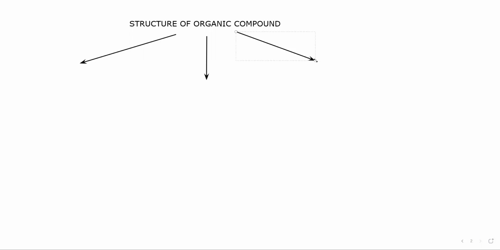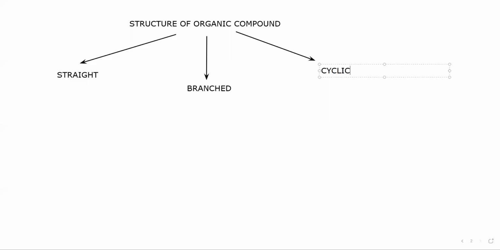The structure of organic compounds can be divided into three classes. It can be divided into more classes, but for your course outline, you should understand only three of them: straight chain, branched, and cyclic.